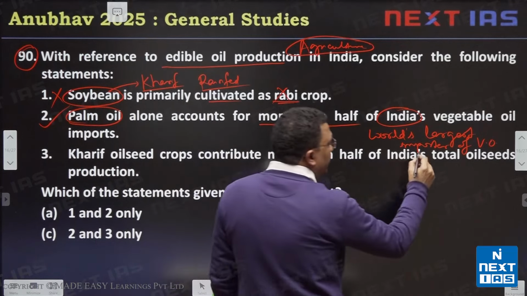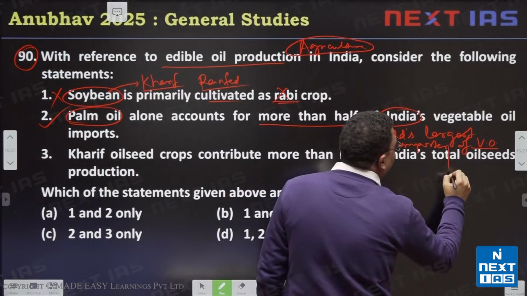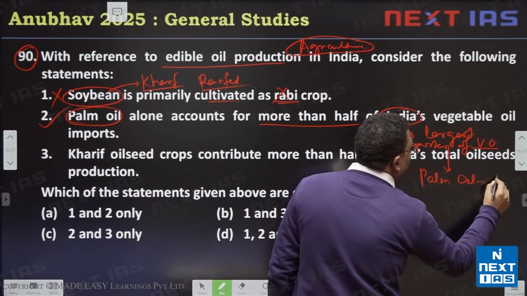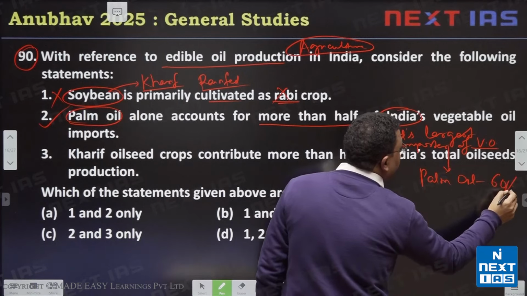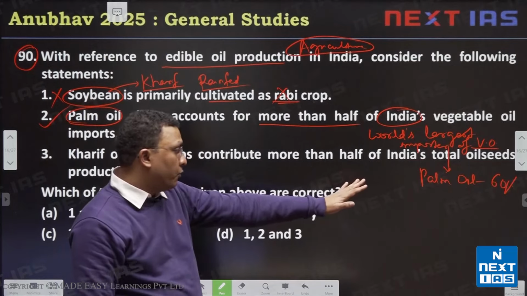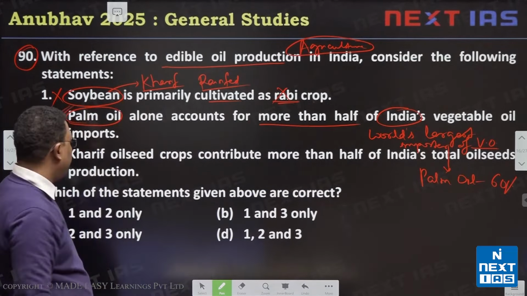And within this import of vegetable oil, palm oil alone accounts for almost 60%, right? So out of the total vegetable oil imports, palm oil import accounts for almost 60%. So that means this statement is correct, right?